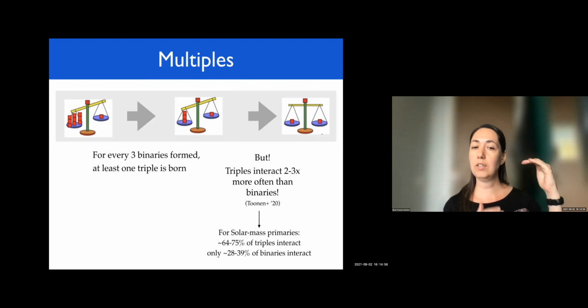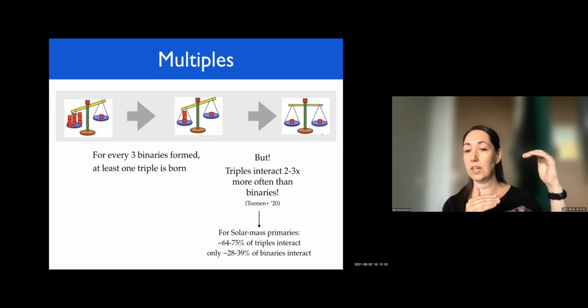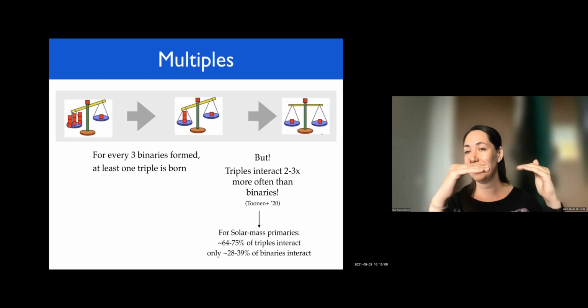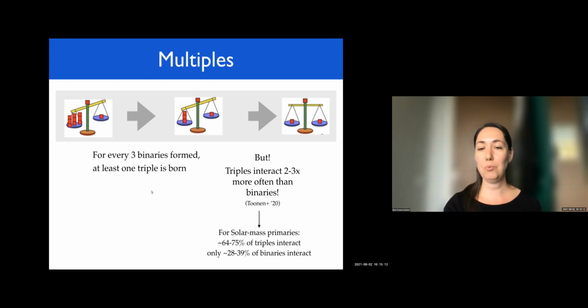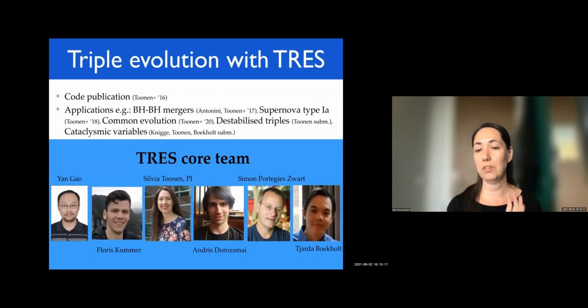Right? So if 1 in 3 systems or 1 in 4 systems is a triple, but those triples interact 2 to 3 times more often, then if you're interested in something that needs that interaction, these scales are actually pretty much evening out. So if you wonder where this number 2 to 3 is coming from, then this is coming from triple population synthesis.